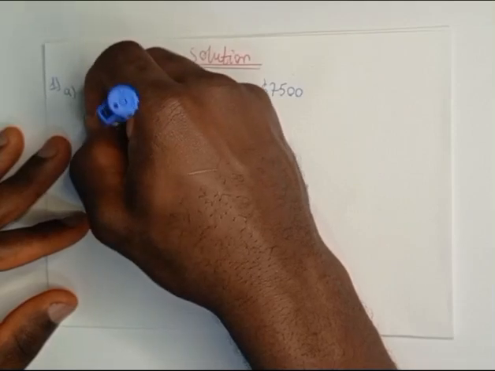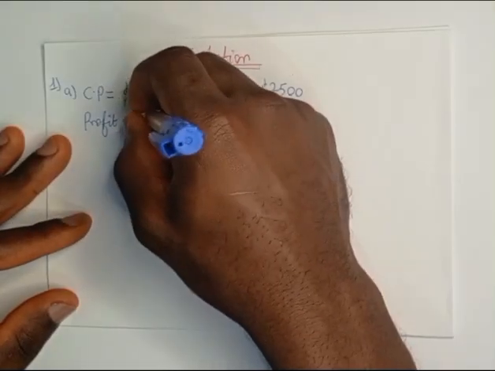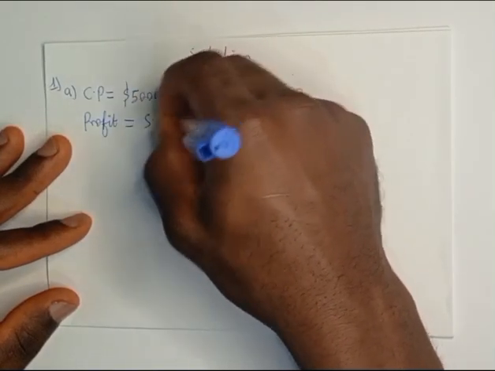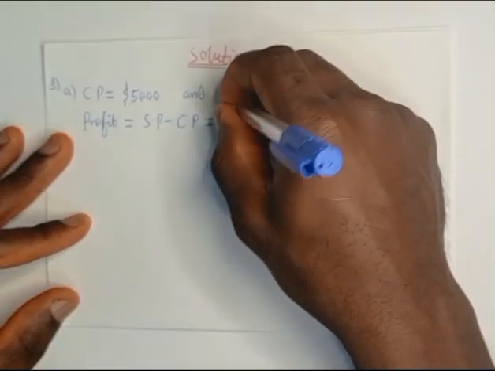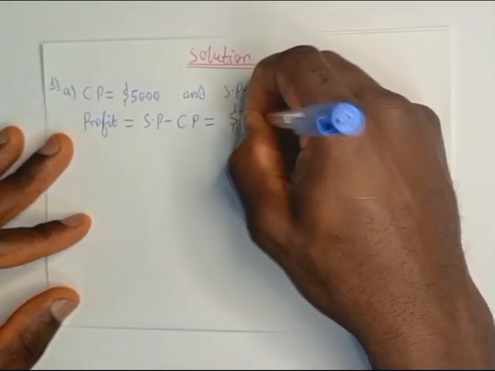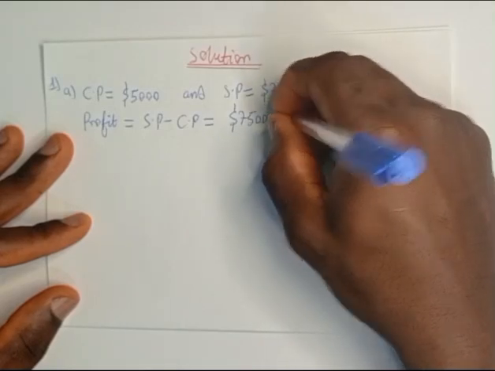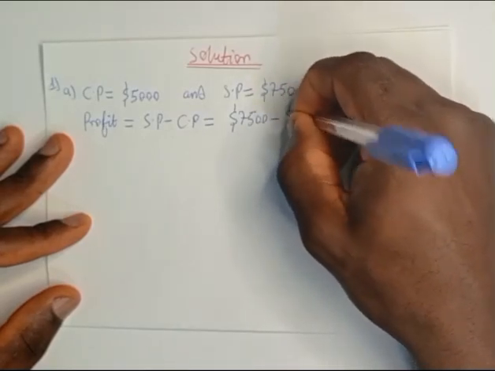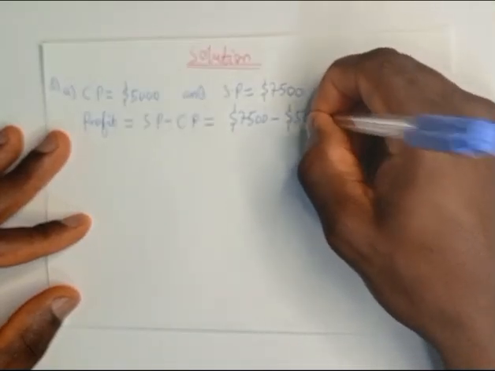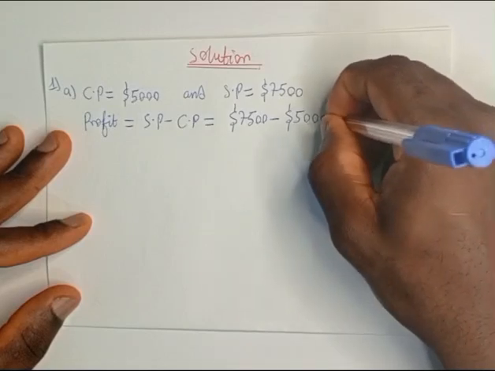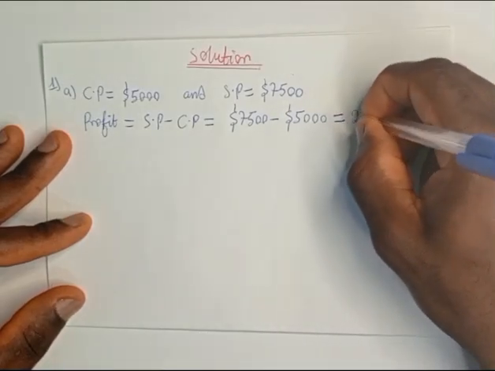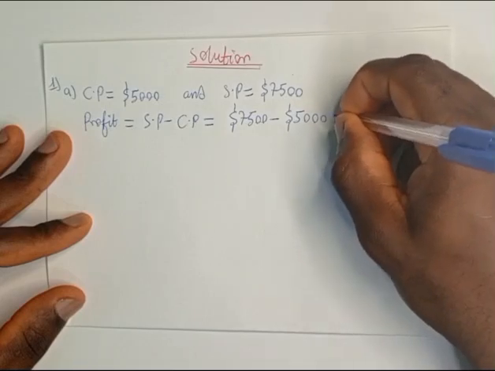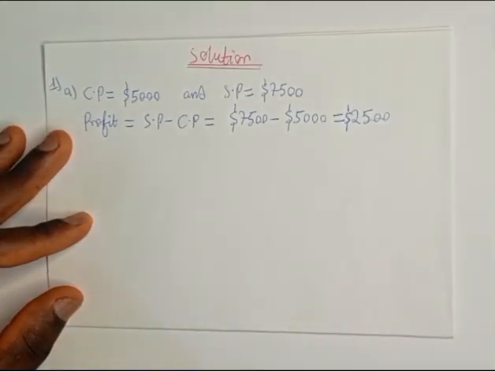Profit is equal to selling price minus cost price, which is equal to $7,500 minus $5,000, and this will simply be equal to $2,500. This is the profit made.